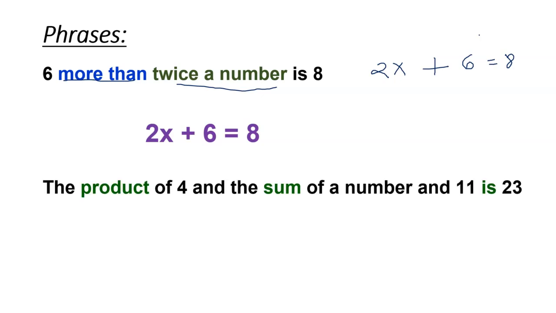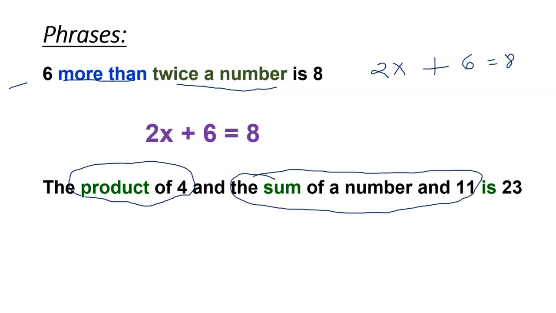Let's look at one more example. The product of 4 and the sum of a number and 11 is 23. Now, you have to be careful writing this phrase. The product of 4 here means you're multiplying the 4 by the entire thing, the sum of a number and 11. When you're multiplying 4 by two terms, you must use a parenthesis.